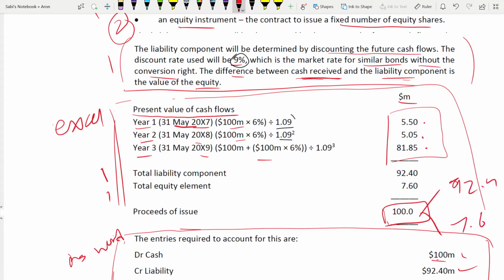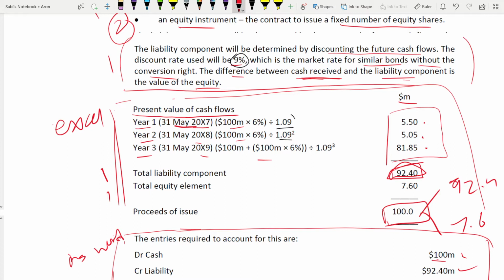And if you see, there is something very similar in each question. Your liability component will always be greater than your equity component. Okay, most of the time it is. So this is also a way to help you understand whether something is wrong or not. It will not help you solve arithmetical accuracy, but looking at the amounts you can doubt them.